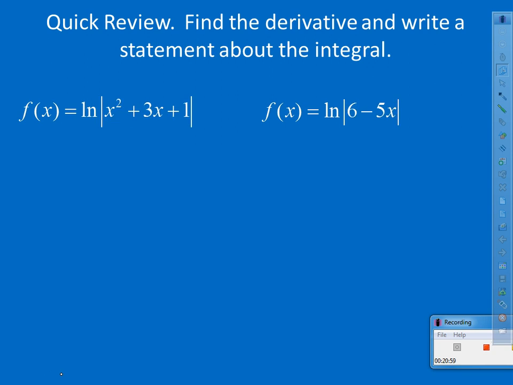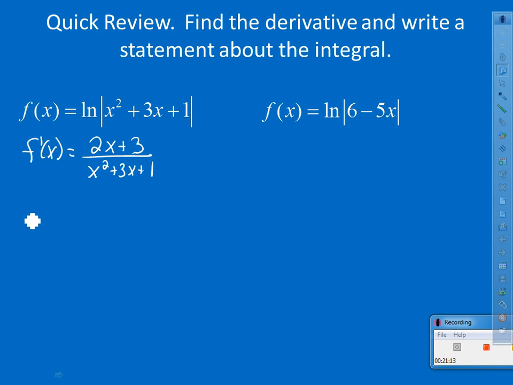And then 2 more, and then I'm going to get back to your example sheet. So this derivative, the derivative of what you see, 2x plus 3, over what you see, x squared plus 3x plus 1.